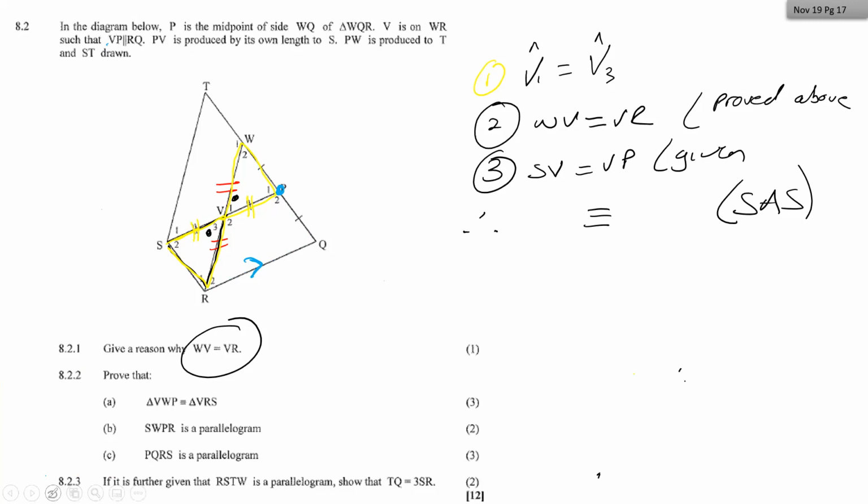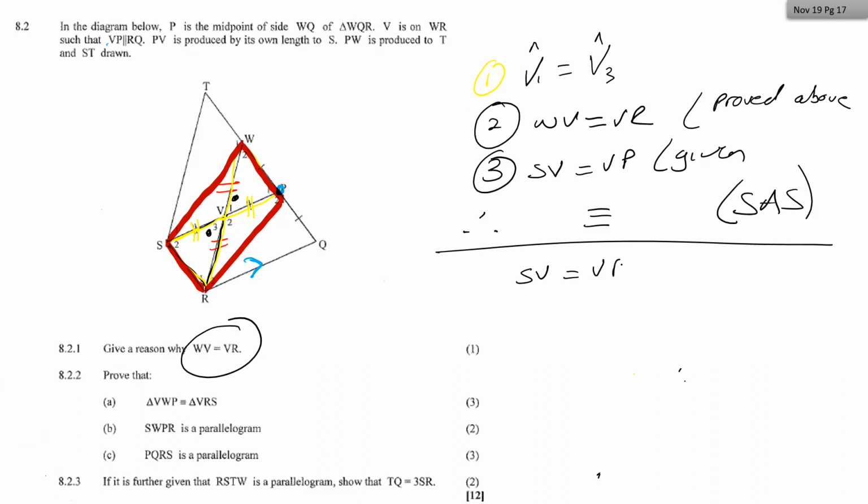The next question there is to prove that SWPR is a parallelogram, and you can see that the diagonals are bisecting. So it's a very easy one to write out. We're going to write the obvious. SV is equal to VP, and that we said was given. And then we're going to say WV is equal to VR, and that we can say proved above.